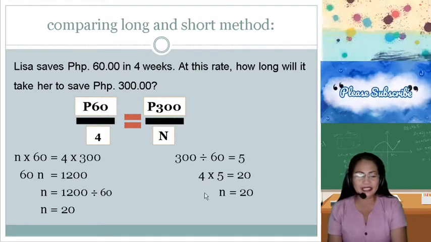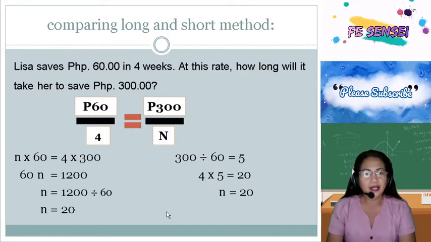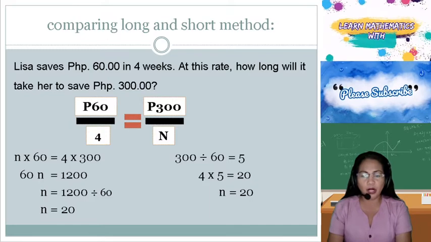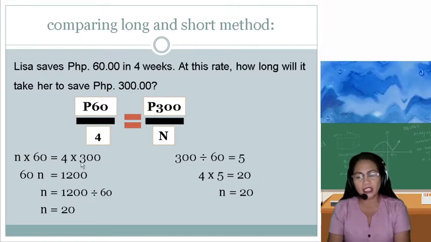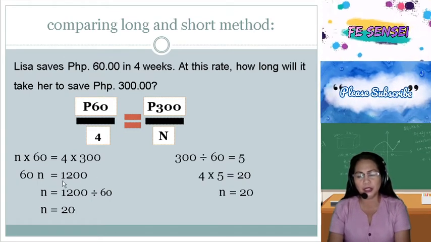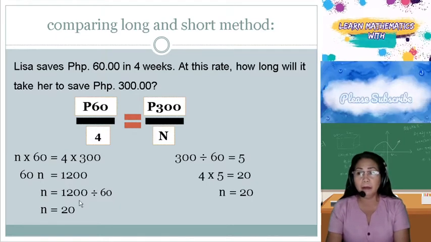So we have the same answer, both in cross multiplication and the shortcut method, or comparing the long method and the shortcut method. Why is this long? Because you have to cross multiply, get the value of it, and the number becomes bigger.